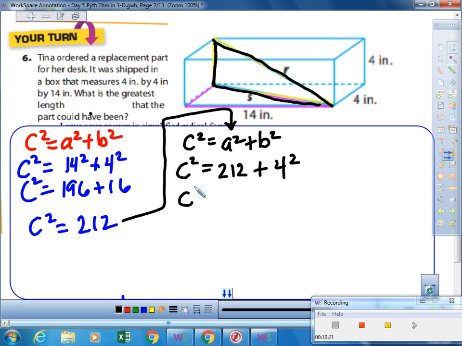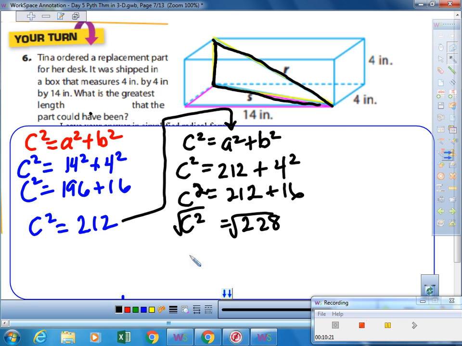So C squared equals 212 plus 16. So what does C squared equal? 228. Now we're going to take the square root.